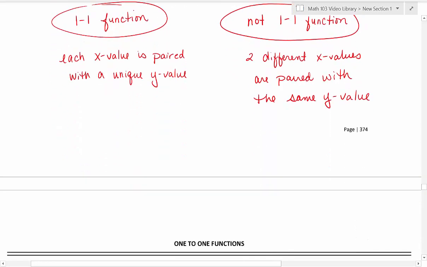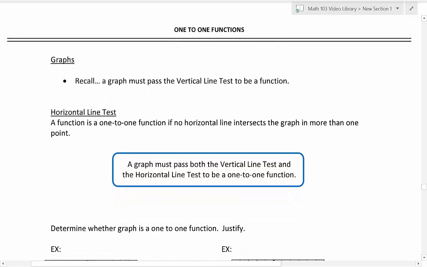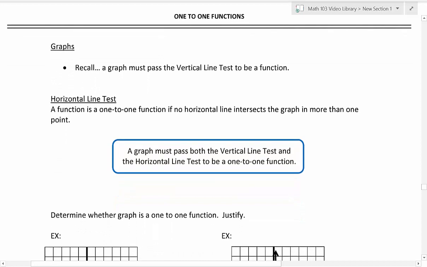Now let's look at the rule for determining whether a graph is a one-to-one function. Recall that a graph must pass the vertical line test to be a function. So that's going to be true for one-to-one functions as well. There's just an additional criteria. A function is one-to-one if it also passes the horizontal line test.